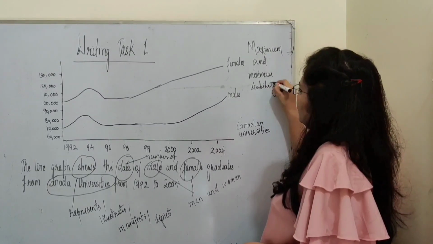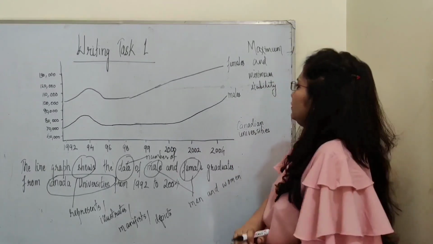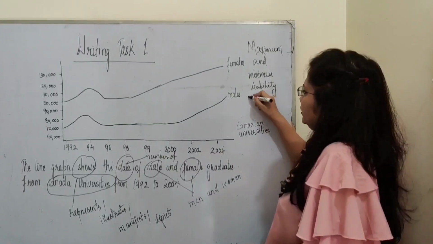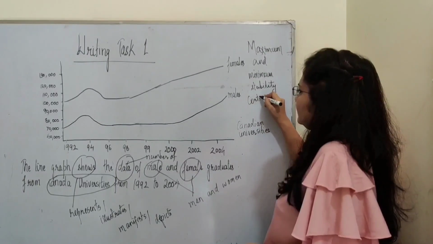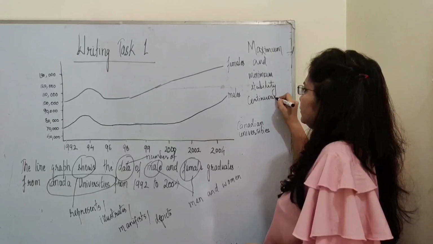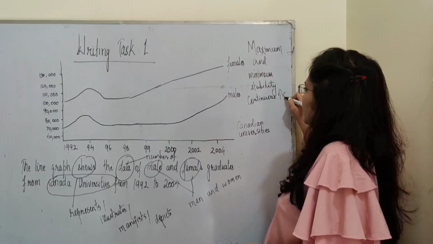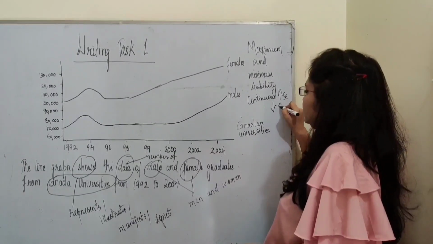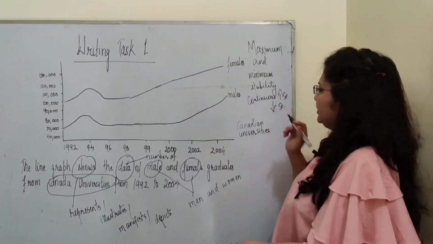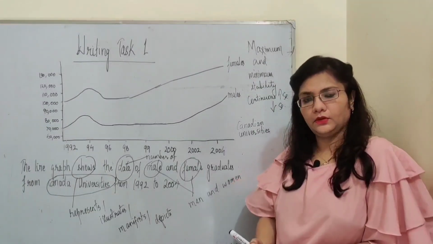We need to write that also, and if there was a continuous increase, you can write continuous increase or continuous decrease. You can also write that. Okay.